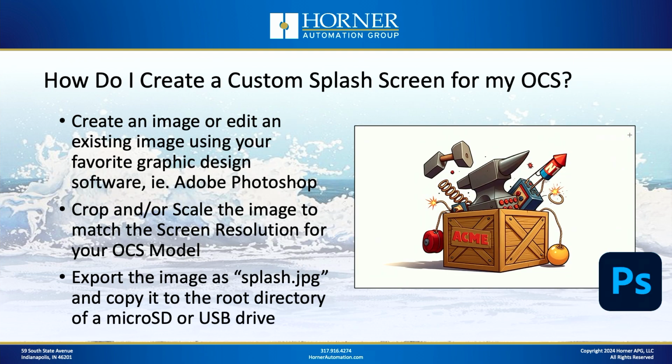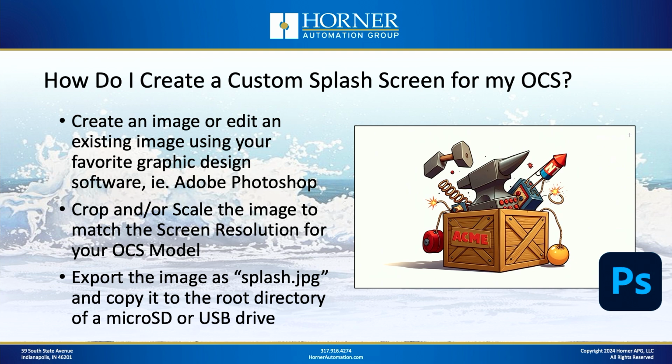Okay, so what's the process look like? Well, the first step is you're going to need to create the graphic, or more than likely take an existing image and modify it to act as a splash screen. And to do that, you're going to need to use graphics editing software. I'm going to show you Adobe Photoshop, but that's just one of many that could work.